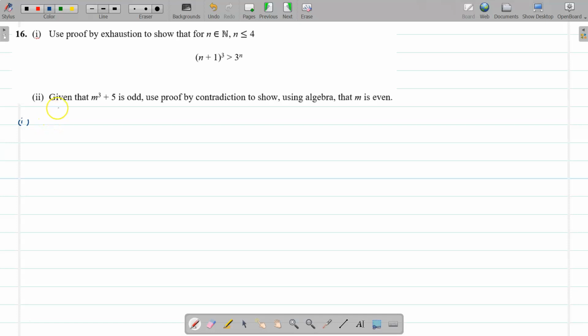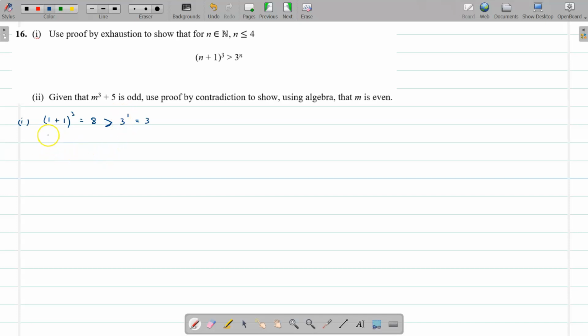You say that 1 plus 1, so I'm replacing n with 1, plus 1 cubed is 2 cubed, which is 8, and I can say that 8 is greater than 3 to the power of 1, which is equal to 3. Notice how I'm using the inequalities and the equal signs there, that's fine.